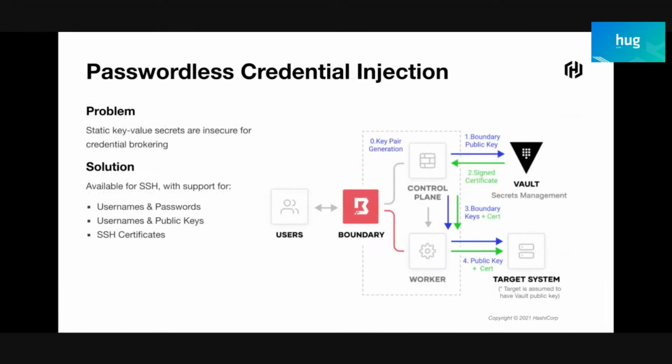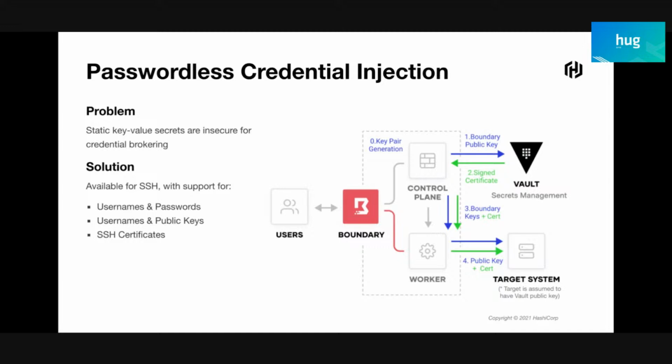So when we talk about this, static credentials are no longer sufficient in today's world, right? Security is paramount. So if your goal is to create a seamless passwordless experience for your end users, then let's talk about this passwordless solution.